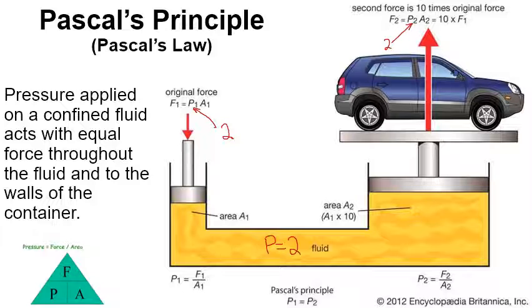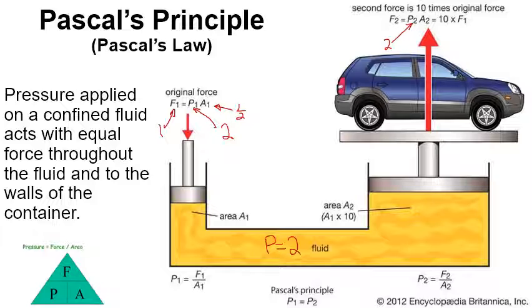Now let's say over here, our F1, we'll keep things really simple. What if our F1 was equal to 1? So F1, the force applied here, is equal to the pressure 2 times what area? So that area in this case would have to be 1/2 of whatever our units are.